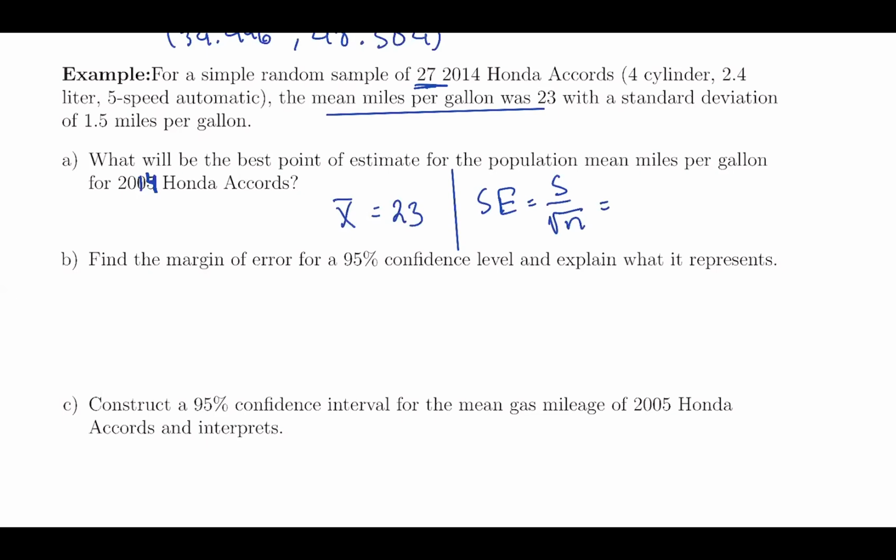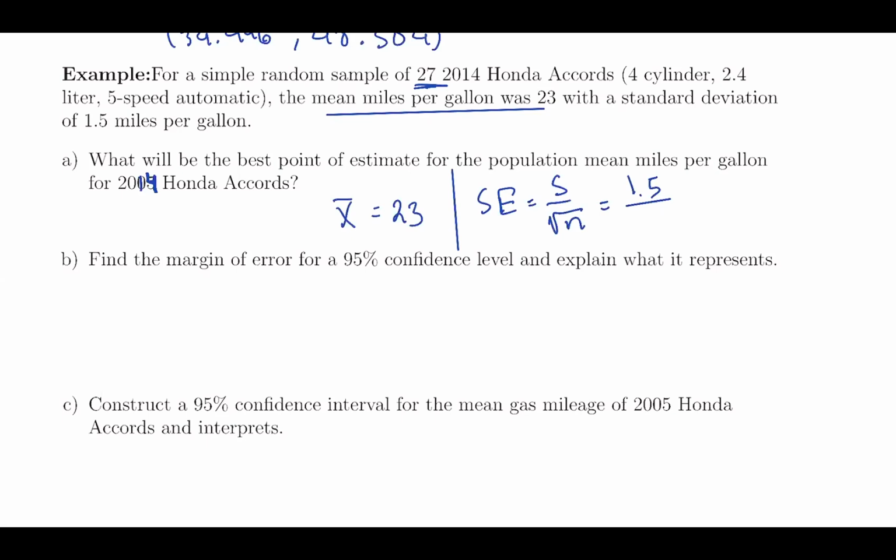So for this one, what's my S? What's my sample standard deviation? 1.5. Yeah, 1.5. In a little bit, I'll show you a little trick to know if it's from a sample or from a population. All right, so what's my N? 27.